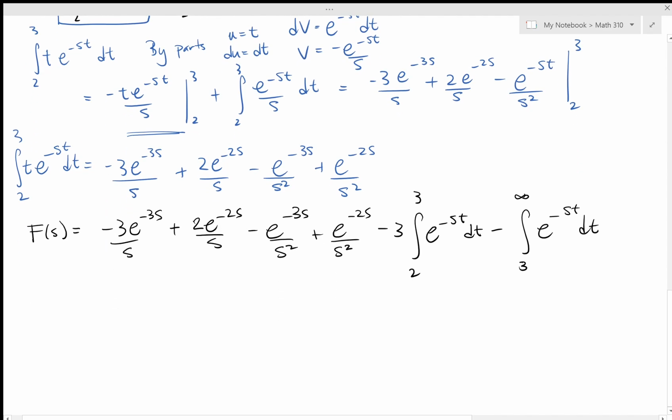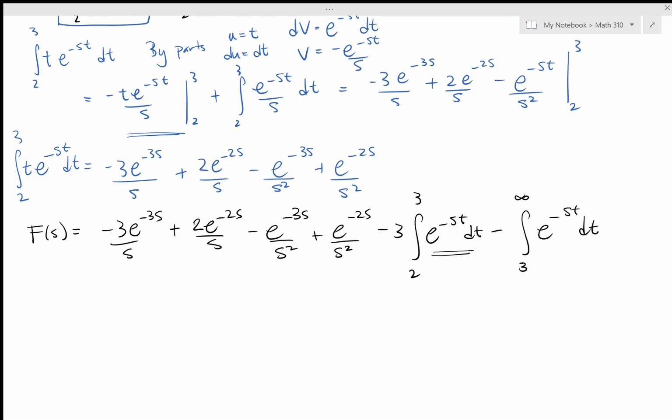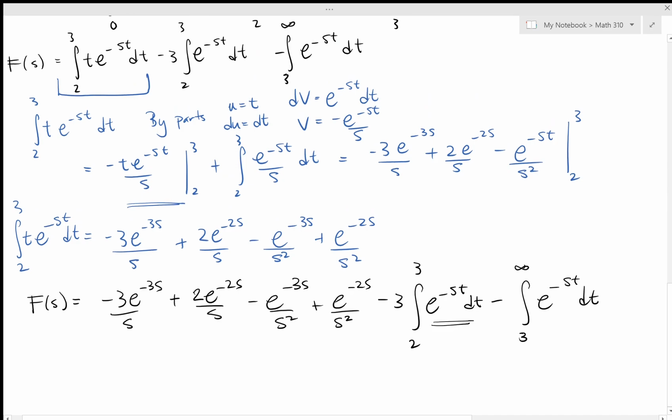Those are straightforward integrals. This one here just being the exponential function over s, and then this one, let's make sure, 3 to infinity, 2 to infinity. I've got this one also being the exponential function over s.